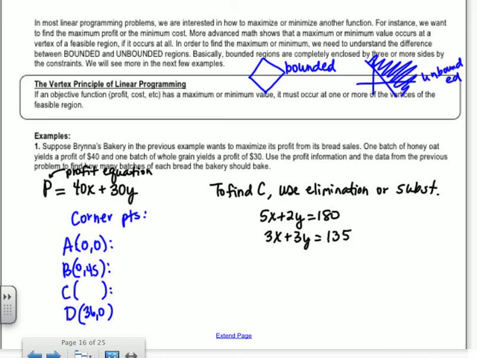So let's multiply the top one by 3 and the bottom one by -2. So that way my y's are going to cancel out. Do you guys see it? So I'm going to have 15x plus 6y equals 540, and I have negative 6x minus 6y equals negative 270.